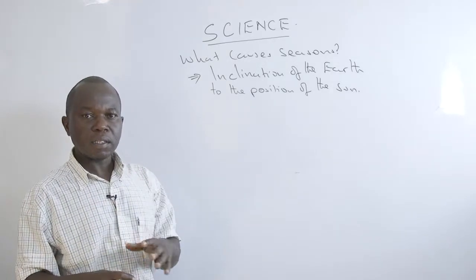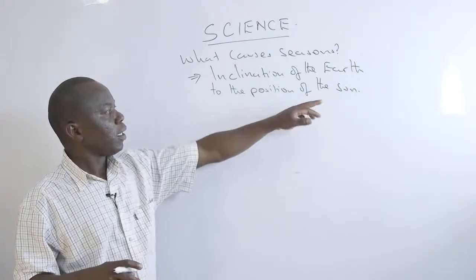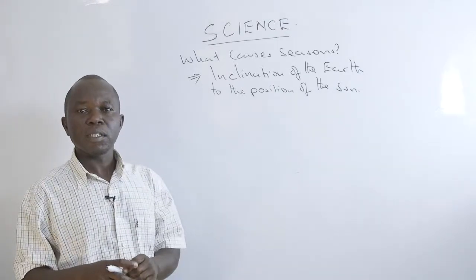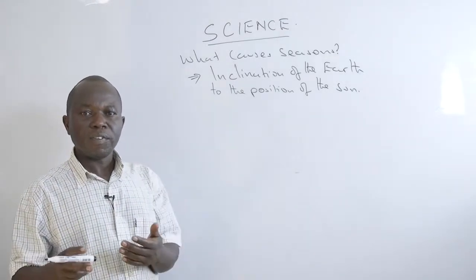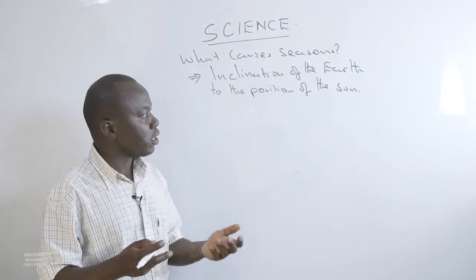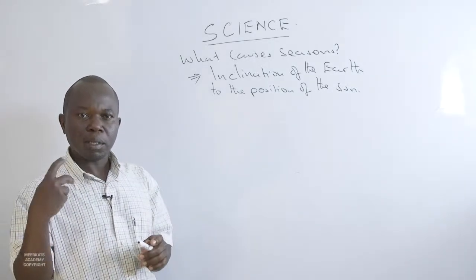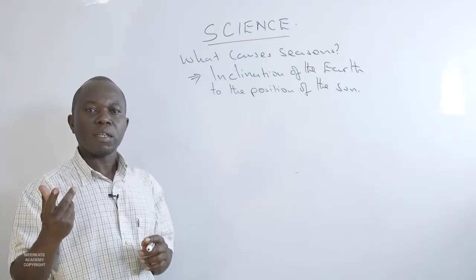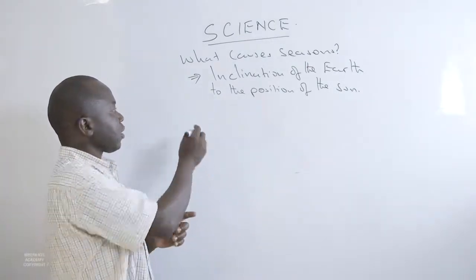If it is direct, then most of the energy from the sun will reach the Earth, and it might affect heat distribution on Earth, which in the process will affect whether there will be more rain or less rain.